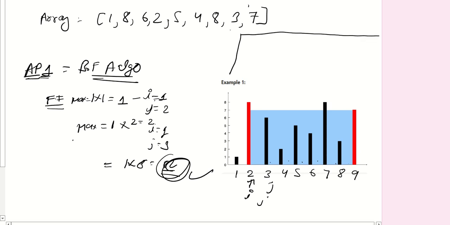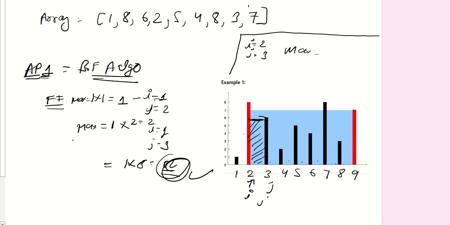So in iteration 2, your i value will be 2 and j value will be 3. How much can you store with this one? It will depend on the j variable, right? This amount you can store. Now your max will be, what is the height of this one? This is 6, and the distance is 1, so 6 into 1, max will be 6.